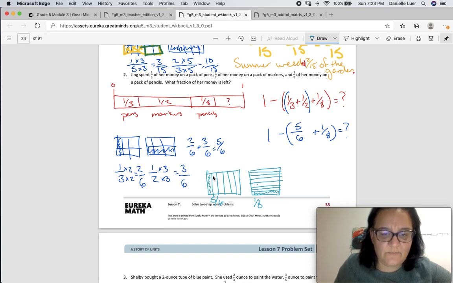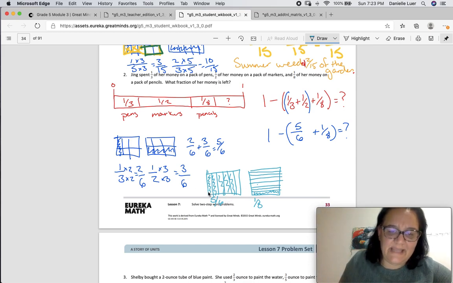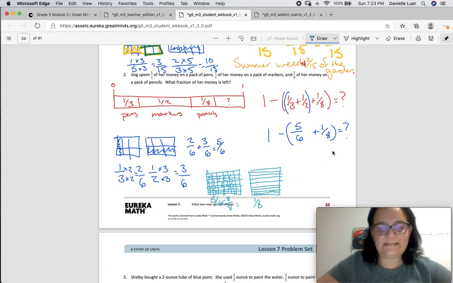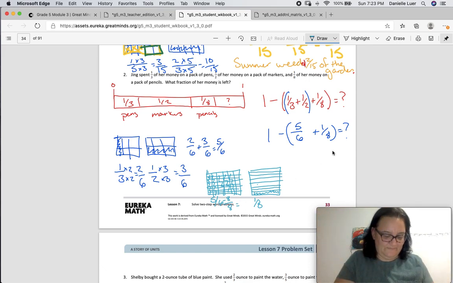So I'll color in 1, 2, 3, 4, 5. And I'm going to multiply this side by 8. So 1, 2, 3, 4, 5, 6, 7. Okay, and what is 8 times 5?